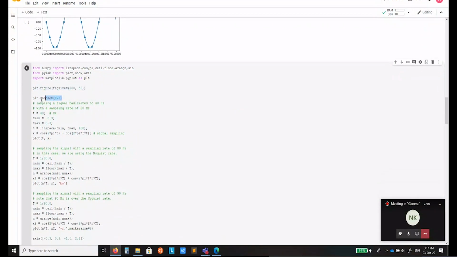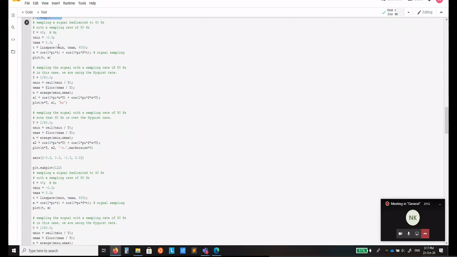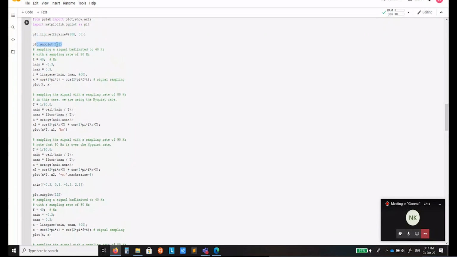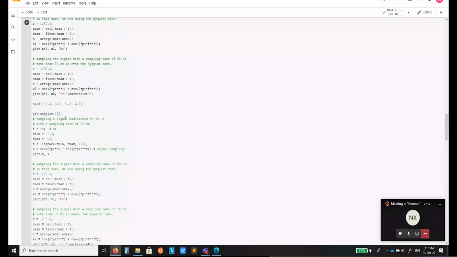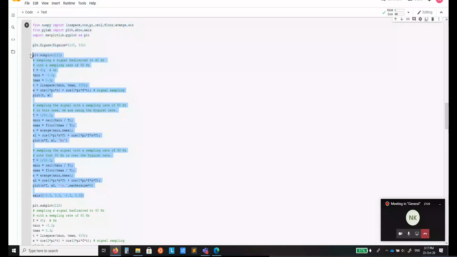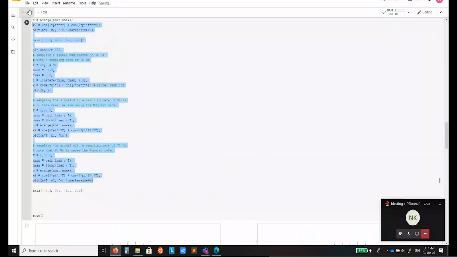This one is separating two figures, the first from 2 and the second from the 2. So this is for the first figure, while this one is for the second figure.